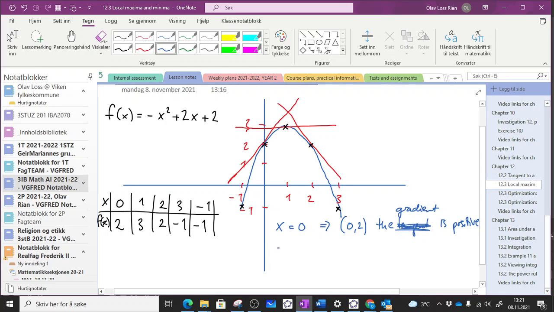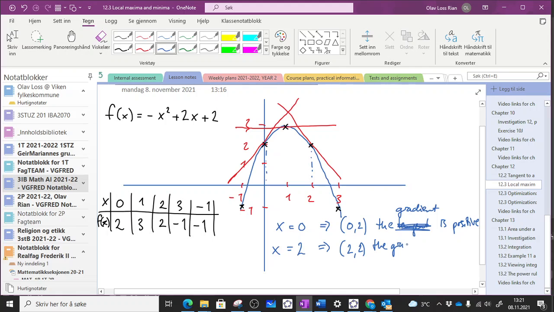If we examine another point where x is equal to 2, that's here. So we've looked at these two. The coordinates for that point are 2, 2.